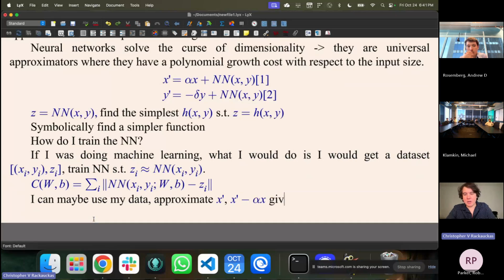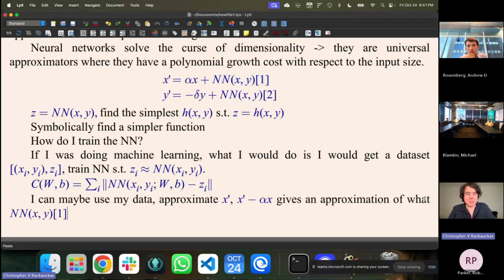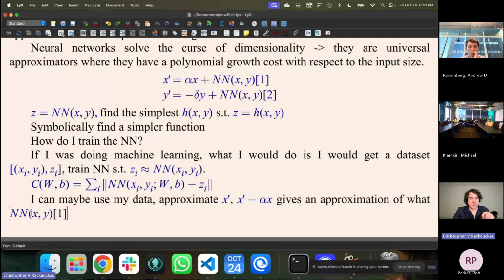And this gives me an approximation of what this term needs to be. So I can munge my data around such that, instead of having a time series, I put lines in my time series to approximate what the derivative is, and then if I subtract out this value from the derivative, I can build an approximation of what the missing part of the derivative is, and I can learn on that, right?